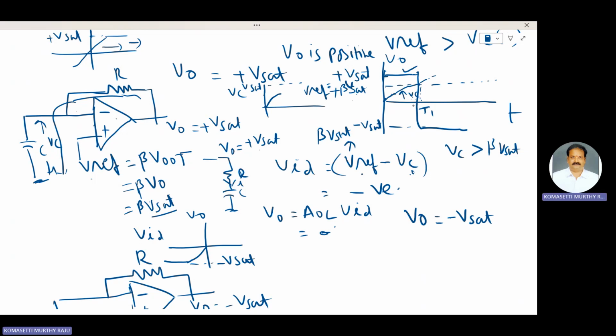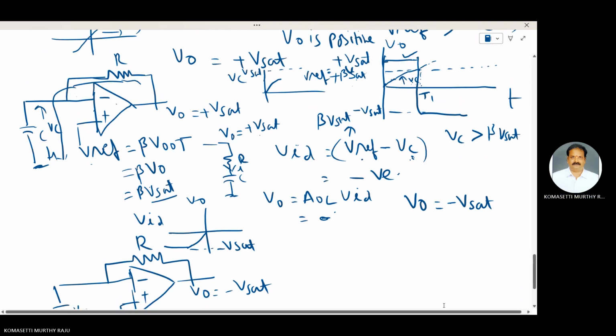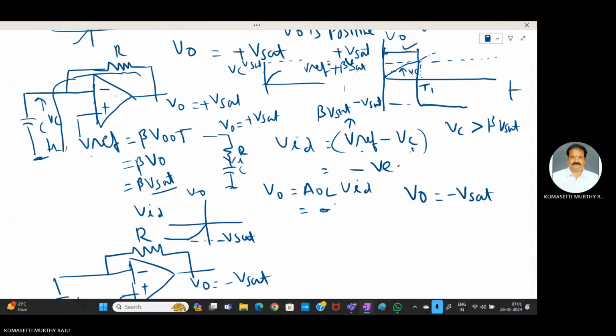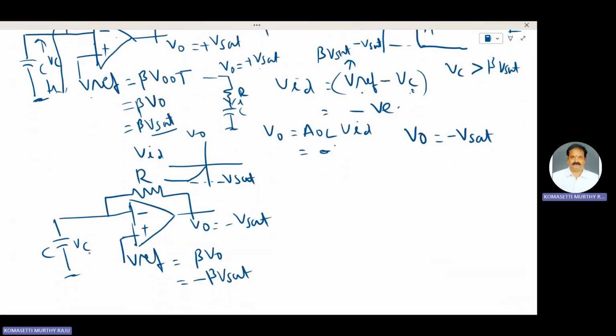It begins to discharge through R, that is, charged towards minus V sat. Here the capacitor voltage is beta V sat at the time t equal to T1. Once the capacitor is discharged, V naught changes to minus V sat and switches to another state.